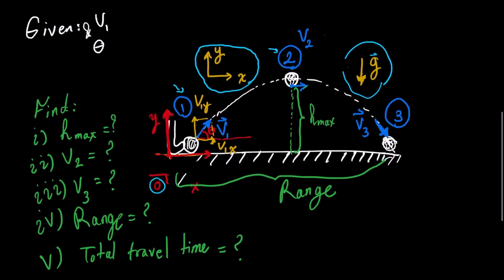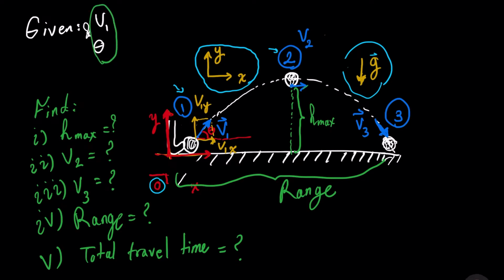It says given v1, the initial velocity, and theta, the angle of the projectile with respect to the positive x-axis. So these are given. The unknowns we're going to be solving for, we have to express in terms of these two given quantities, v1 and theta.